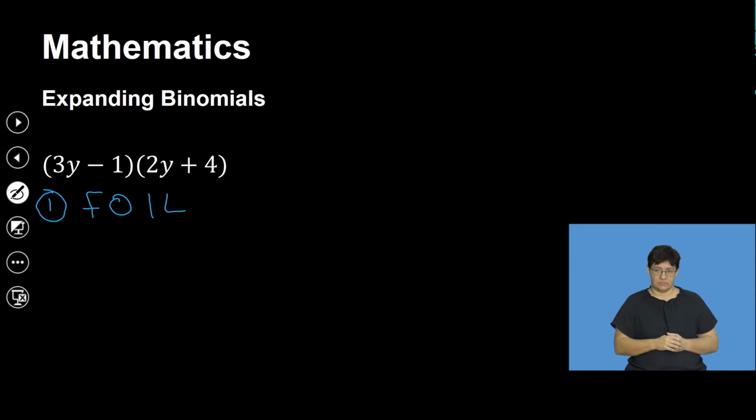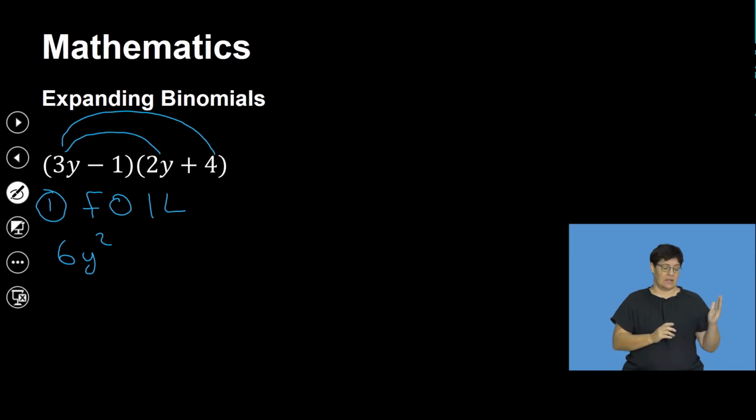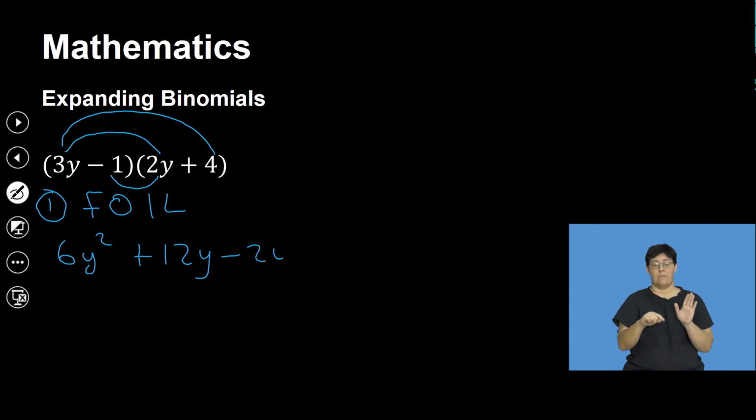If I use FOIL, it will be the first, which is 3y times 2y, that gives me 6y squared. And then it will be the outers, which are those ones there. It will give me plus 12y. And then it will be the inners, which are these ones here. It will give me minus 2y.